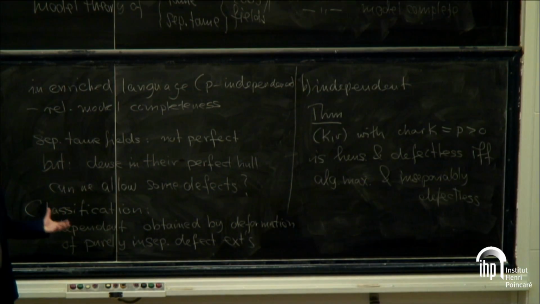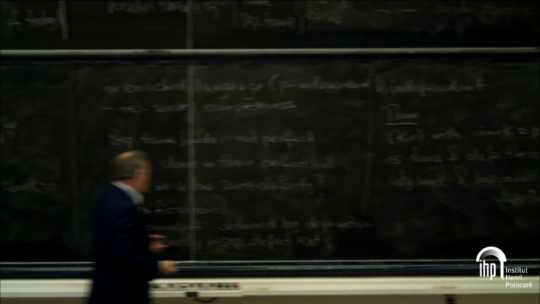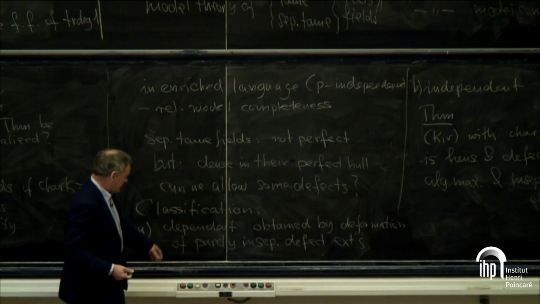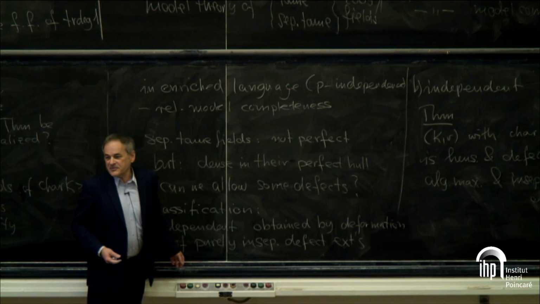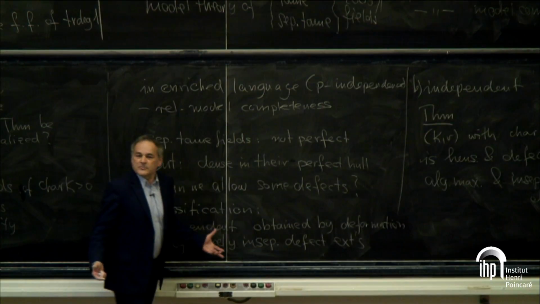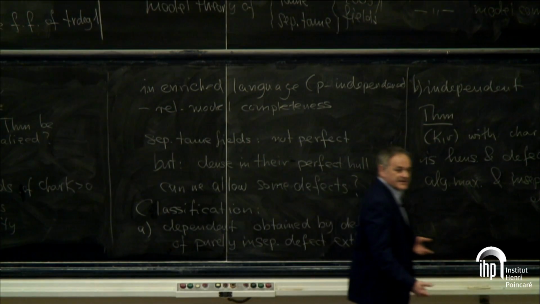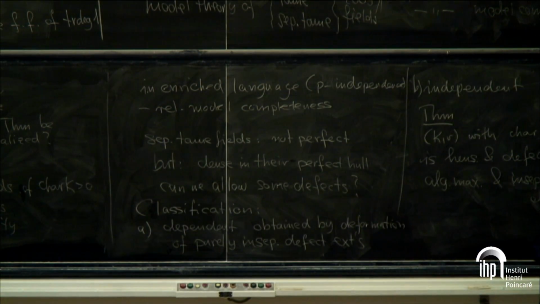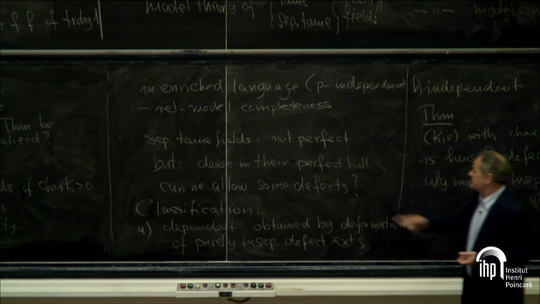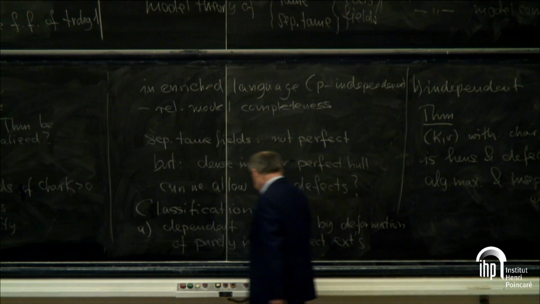Okay, so we would like to have something like that also in mixed characteristic. Yeah? Okay. Well, if you look at the definition here, deformation of purely inseparable extension, there are no purely inseparable extensions in mixed characteristic. So what will play the role of these purely inseparable extensions? And what's the analog of the definition of dependent?